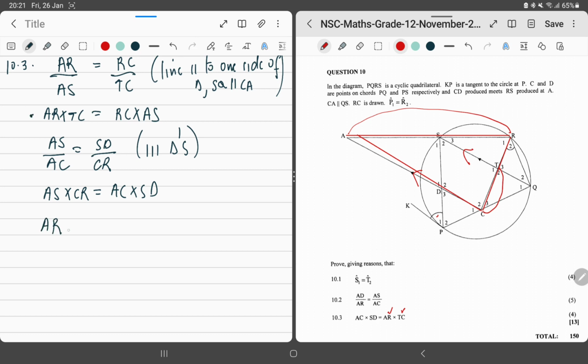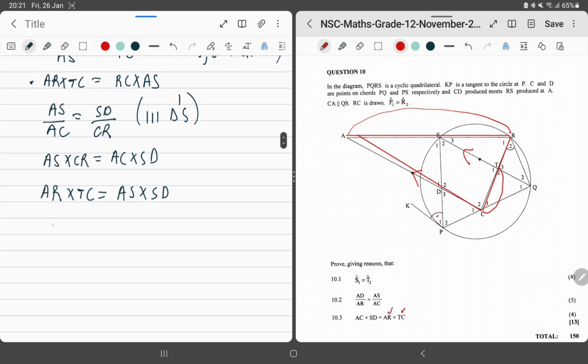AR multiplied by TC is equals to RC times AS, which is equals to AC times SD. So this is AC times SD, which is equals to AR times TC. Proven.